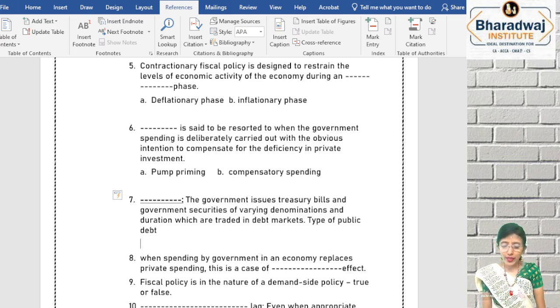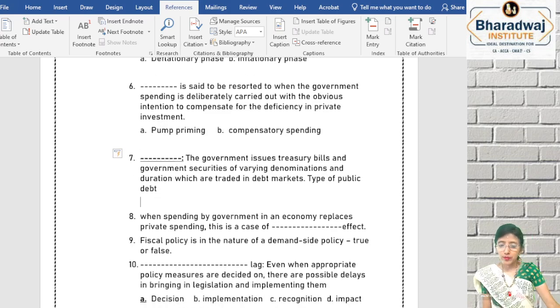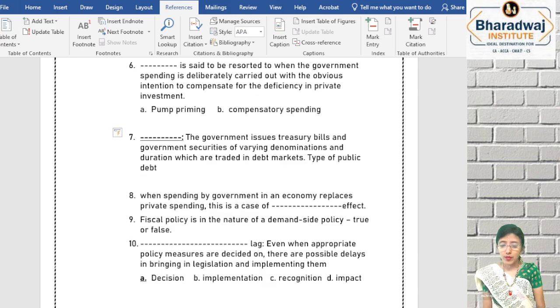When spending by government in an economy replaces private spending, it is a case of dash effect. Fiscal policy is in the nature of demand side policy, true or false. Now the next question is, you have to identify which lag. Even when appropriate policy measures are decided on, there are possible delays in bringing in legislation and implementing them.